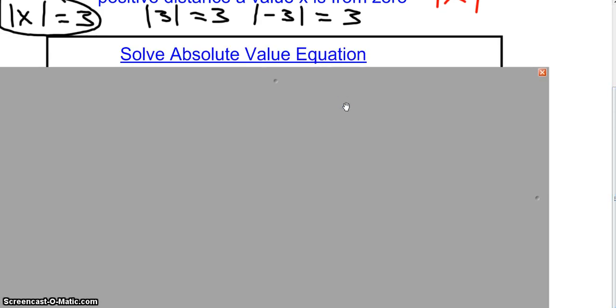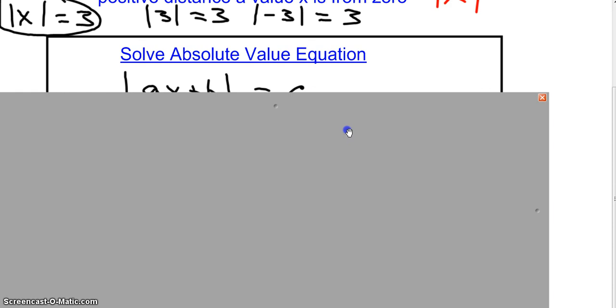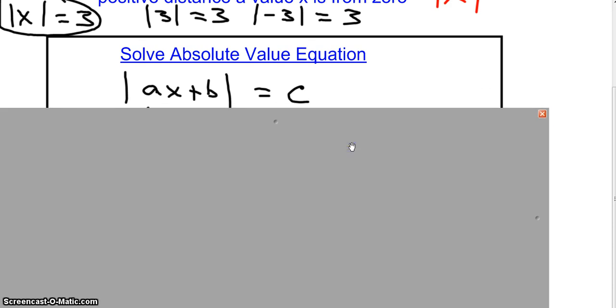So solving an absolute value equation. Look at, we can have what looks like a two-part equation. We might have to undo a couple of operations that are taking place in order to find the value of this expression inside of the absolute value.